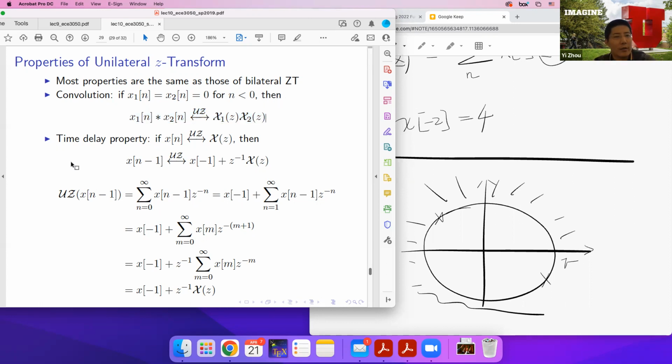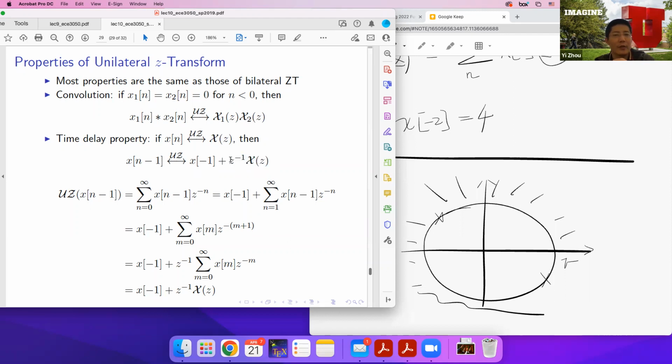And then here we have this time shifting property, the time delay property. If the signal is delayed by 1, then the corresponding unilateral transform is kind of like the time shifting property.